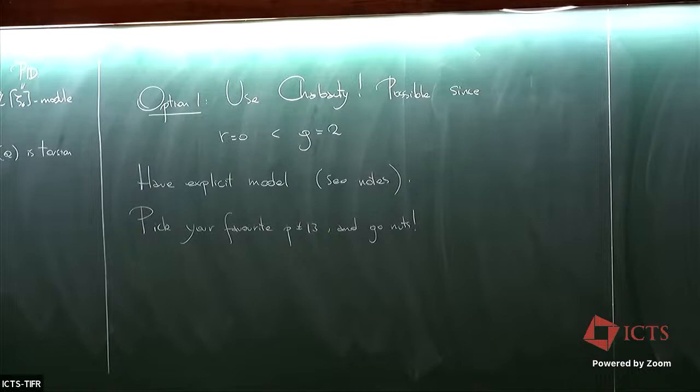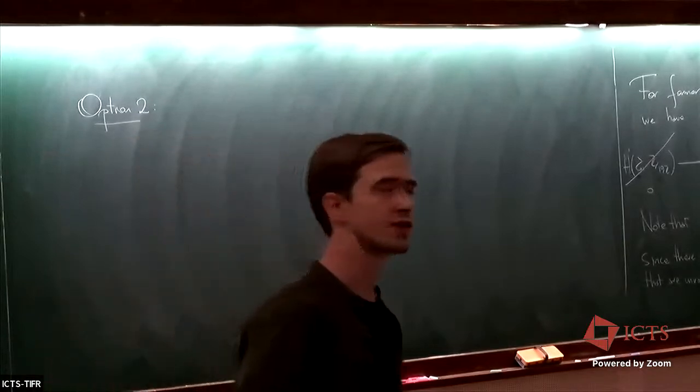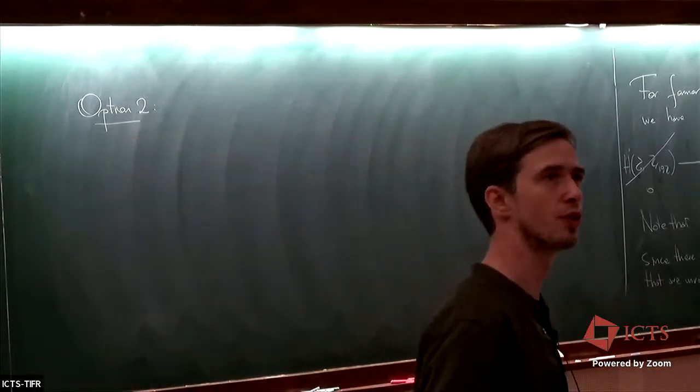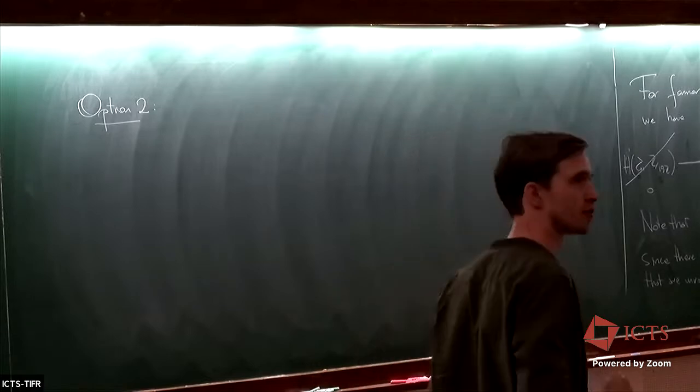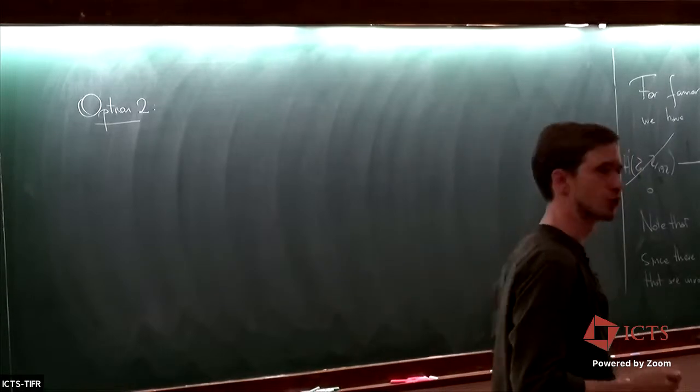Option 2 is to do a moduli theoretic consideration. Suppose that there are some other rational points besides the ones that we found from the cusps. What do we do then?